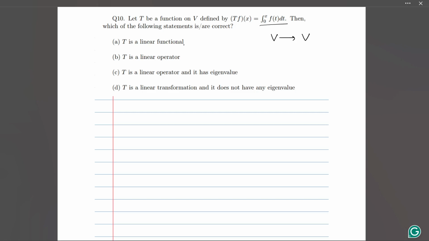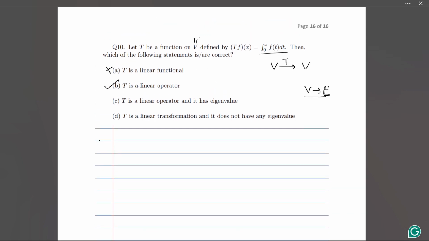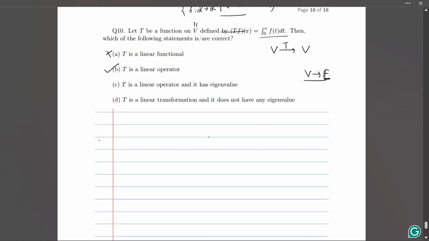It is not a linear functional; it is a linear operator. It was not written here, but f is supposed to be a continuous function from R to R. So T is a linear operator.